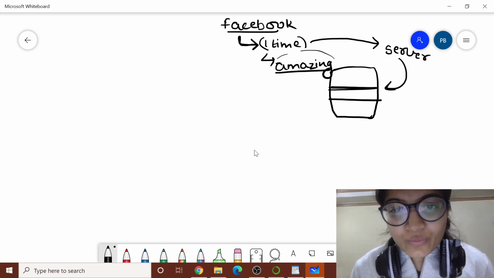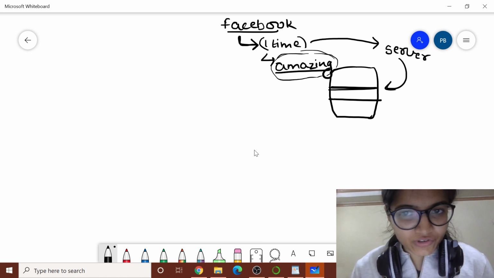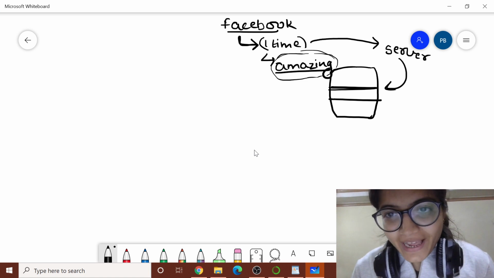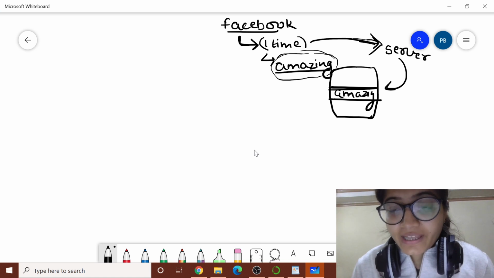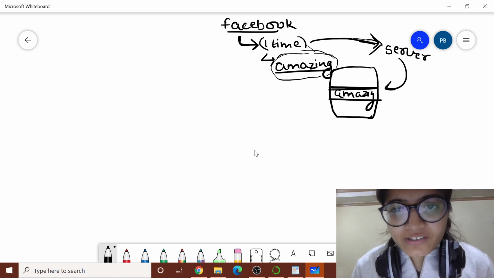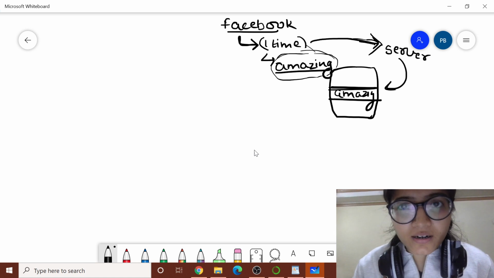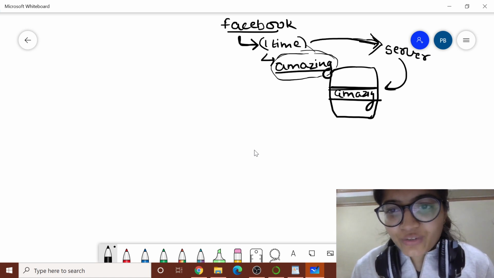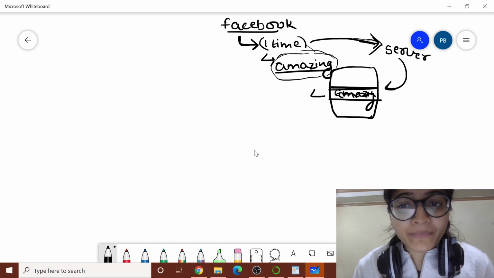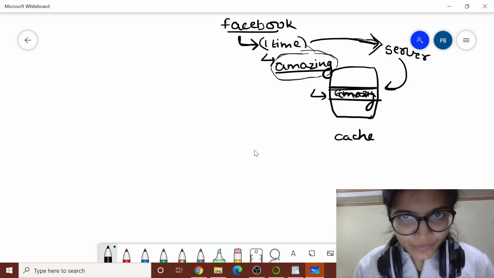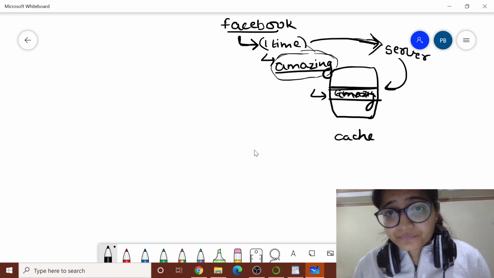Suppose this word is not searched that much. It will go to the server, and the server will put that word into the cache. If you are not searching this particular word various times, it will be replaced in the cache by a word which you search many times. This is what happens, no?